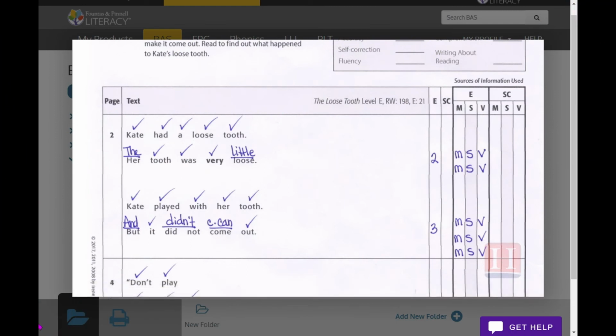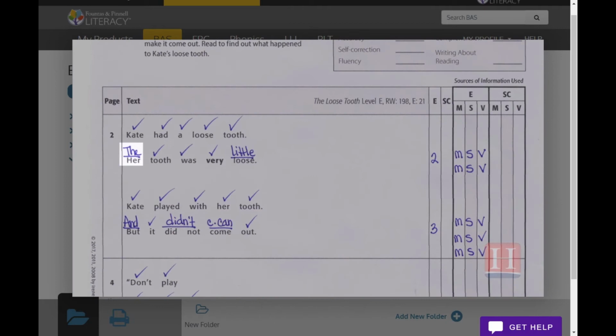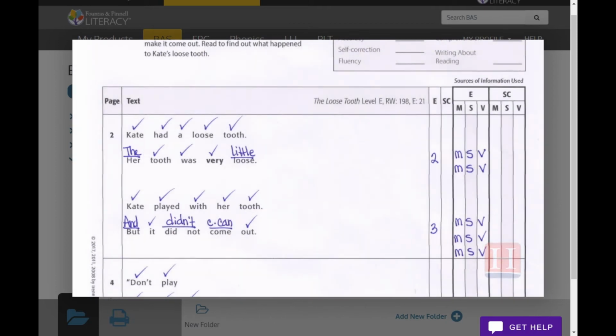His first uncorrected error occurred on page 2 of the text in the second line where he substituted the for her. Read up through the error, but don't go any further. That's all the information you have to use, since that's as far as he got when he made the error. Kate had a loose tooth. Now, would that error make sense in the story?